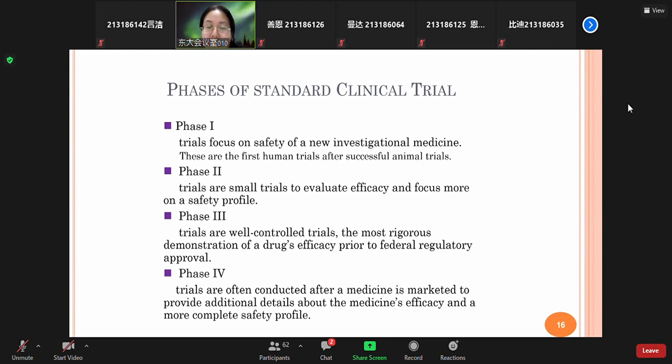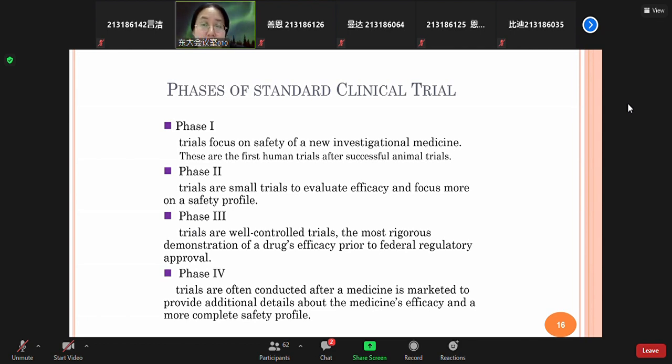That means because in a phase 3 clinical trial, the number of patients is still limited. So if you try to find some rare event or some rare side effect, you have to increase the number of patients.